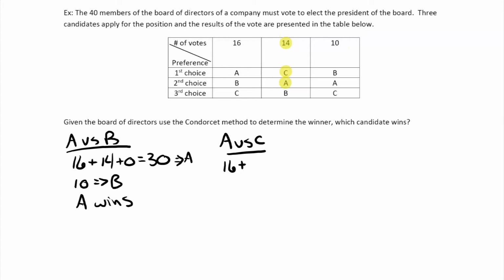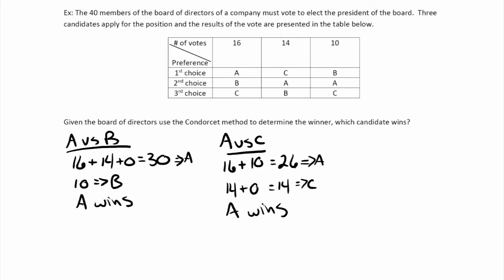So in that case, those 14 votes would go towards C. The third column is going to be the deciding factor in the A versus C battle. This time, we see A is ranked second and C is ranked third, so their preference is for A over C. So those votes will go to A. So once again, A wins.